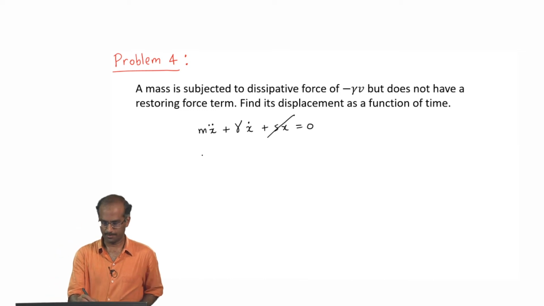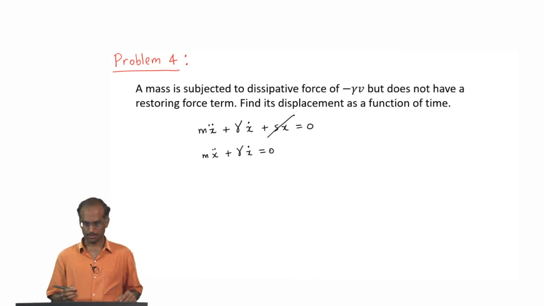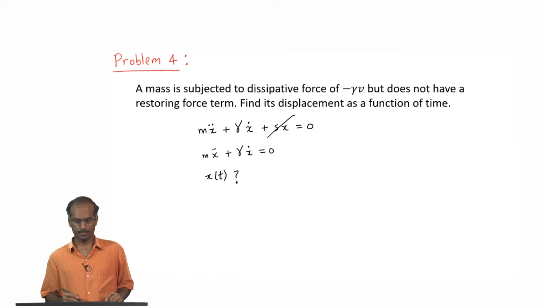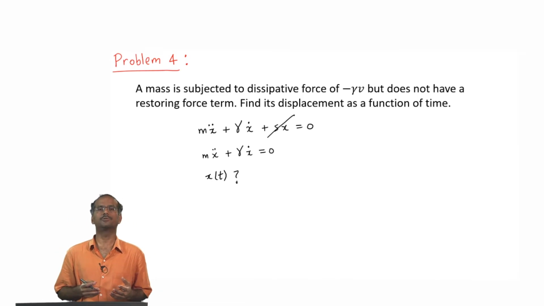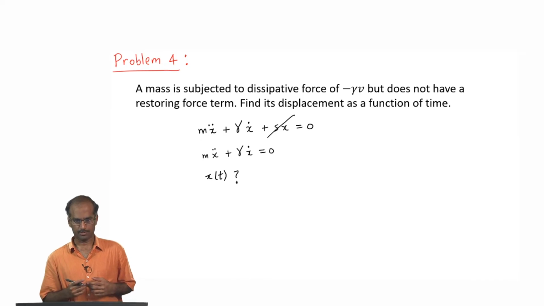So, effectively the equation is m x double dot plus gamma x dot is equal to 0, and we need to find solutions, which means I need to find x of t. That is the question. So, the method of solution is the same technique as the one that we adopted for solving the dissipative harmonic oscillator.